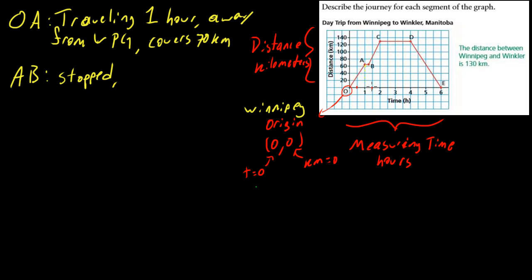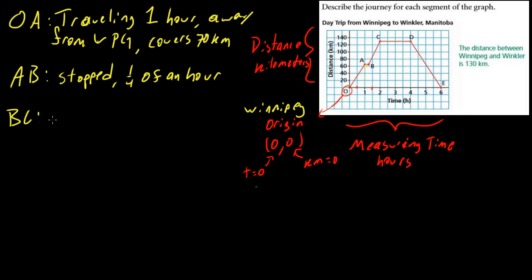So if 1 square is worth half an hour, then this is half of that, a quarter of an hour. If you really wanted to, you could put 15 minutes. That's cool with me. So stopped, quarter of an hour. They're not traveling any distance whatsoever.